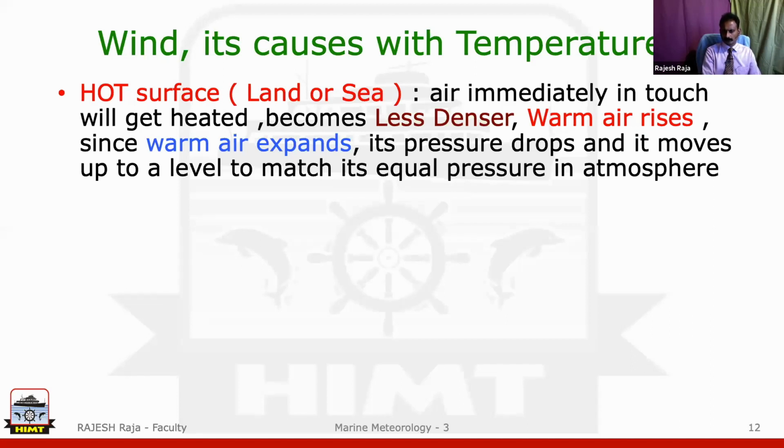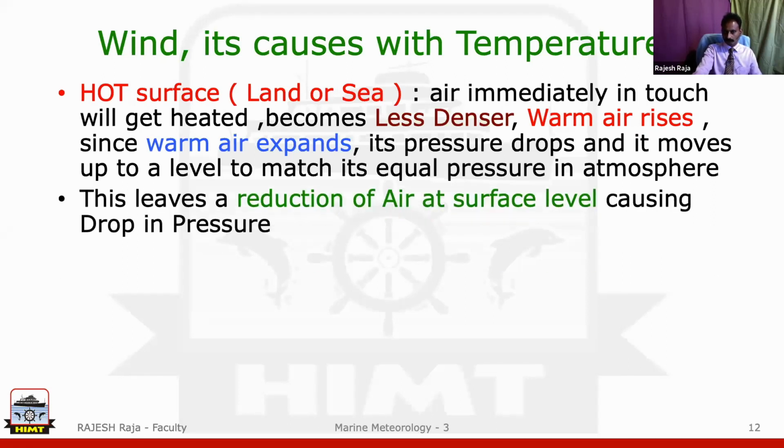Now when it rises, please remember the pressure it encounters is lesser and lesser in the atmosphere. That means air expands. So what is happening at the surface level is there is a reduction of air. It leaves a place with shortage. This creates a drop in pressure. Okay, this is the first one.